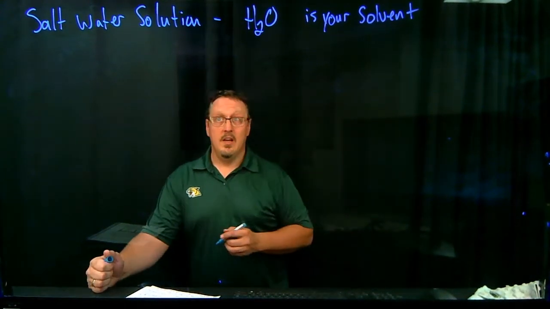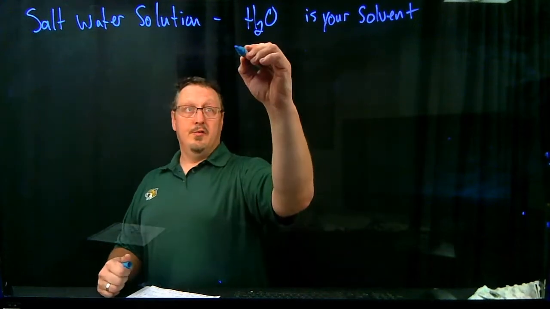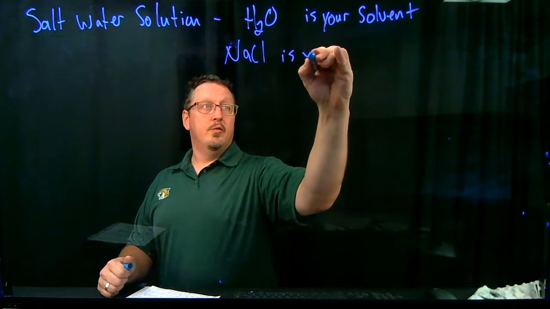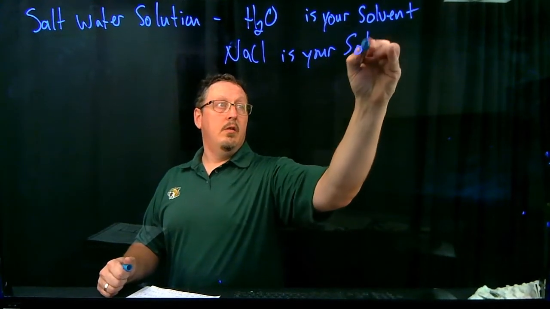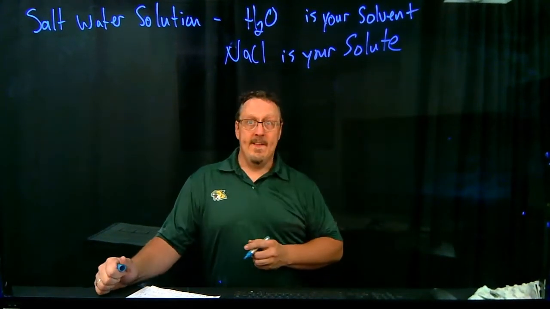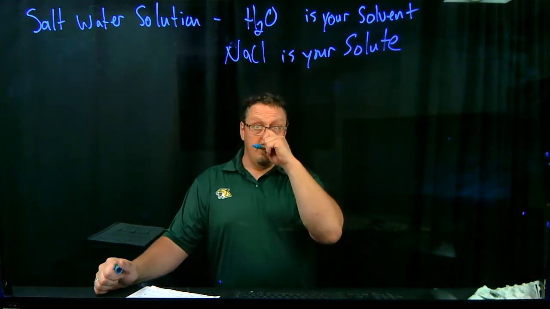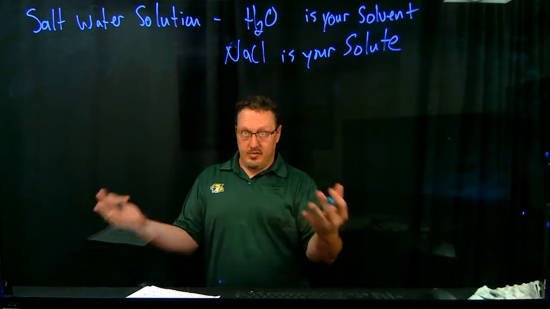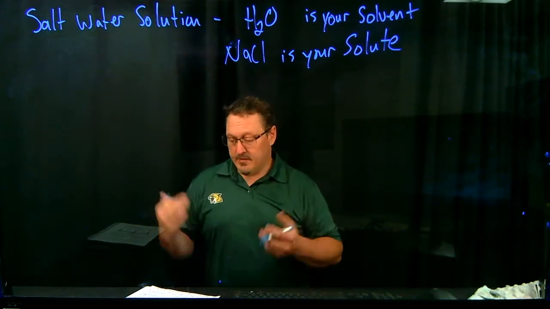In this case, NaCl, or table salt, is your solute. The water is going to be the higher concentration, or the higher percentage of the mixture, and that's just how that works.